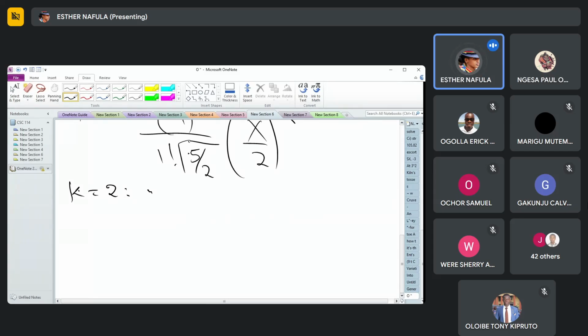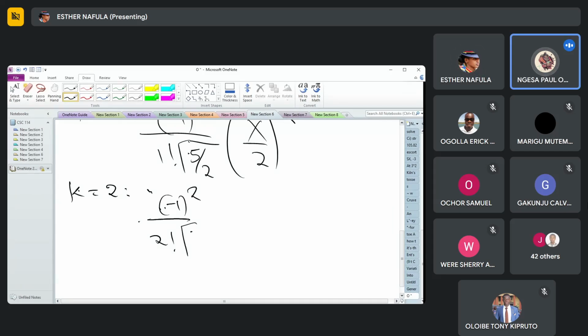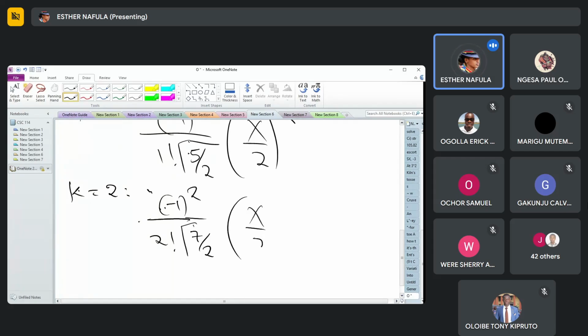When k is 2, negative 1 squared over 2 factorial, gamma of 7 over 2, x over 2 raised to 7 over 2, right?